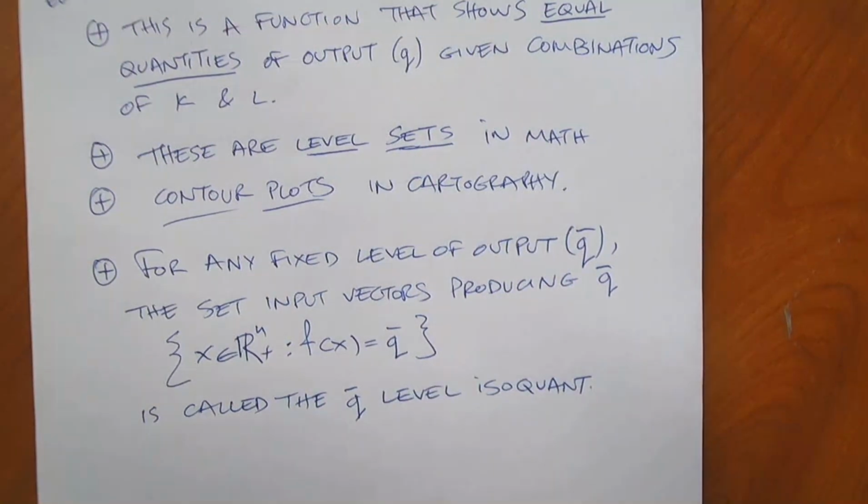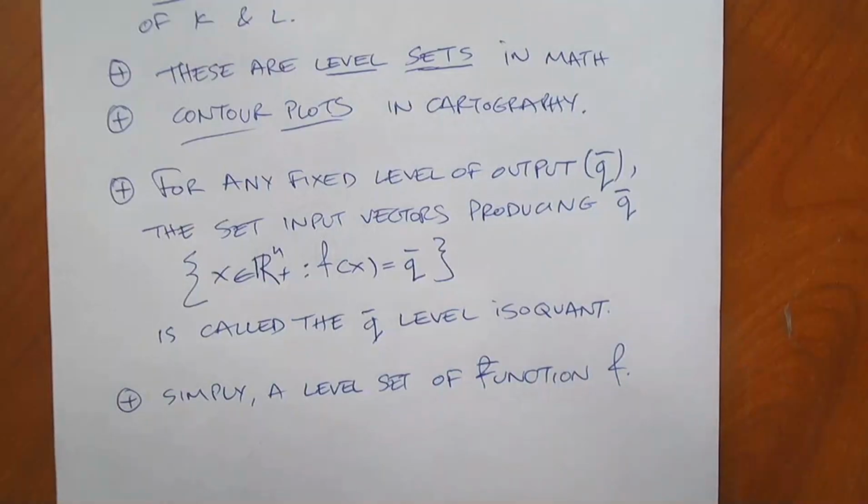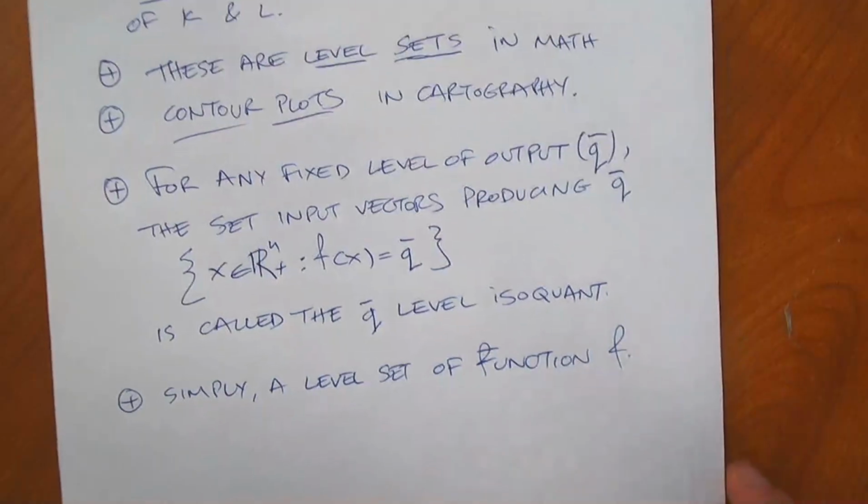Okay. It is simply a level set of function f. So if you think about this particular example, you have an f function with two arguments, capital and labor, or x1 and x2. If you plot this in 3 dimensions, right, you're going to have some sort of a surface, right? So the level set, how do you derive it, is you pick a specific q, like your z-axis, right, and you cut across the function, right?